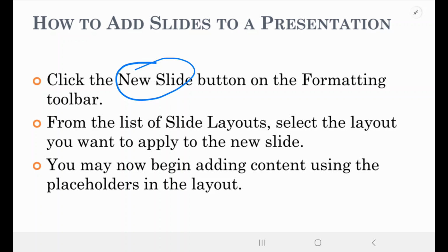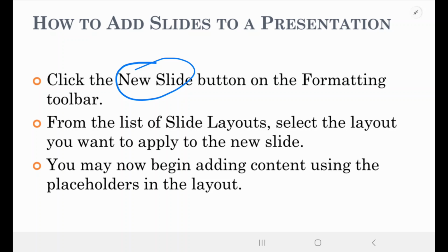From the list of slides, you can select the layout, or we can say you can choose a particular type of slide. What type of slide you want: title only, or title with description, or you want to add an image, an image with description, or you want to add a slide which will differentiate between two terms.